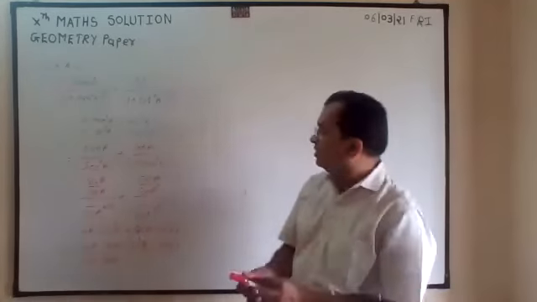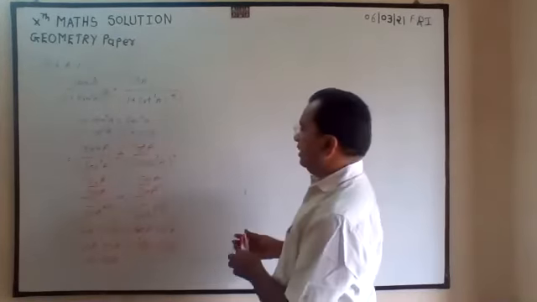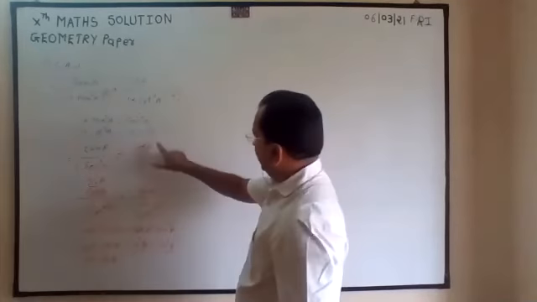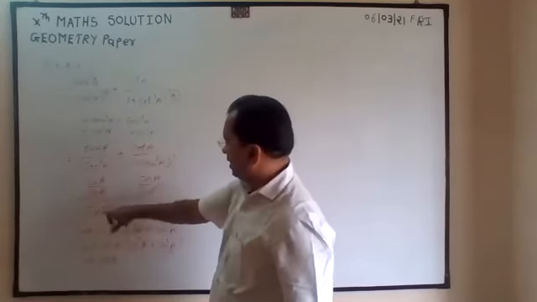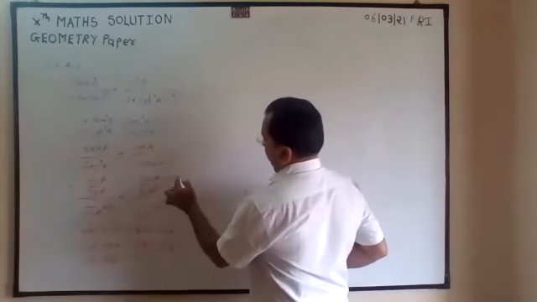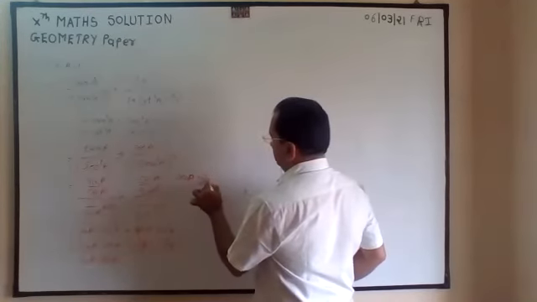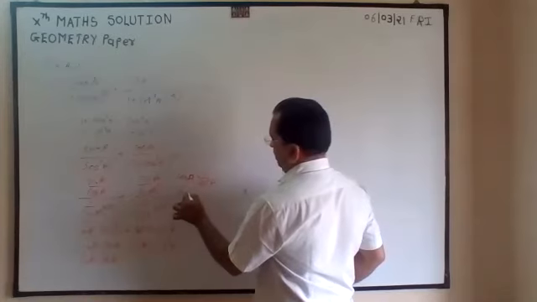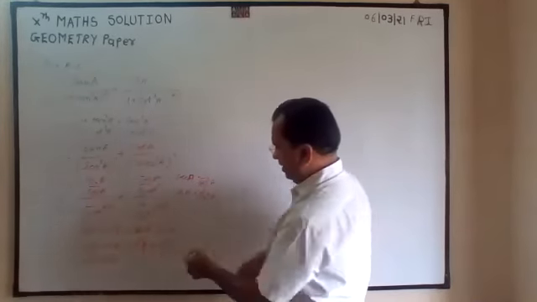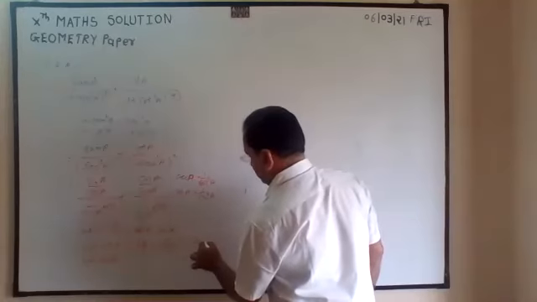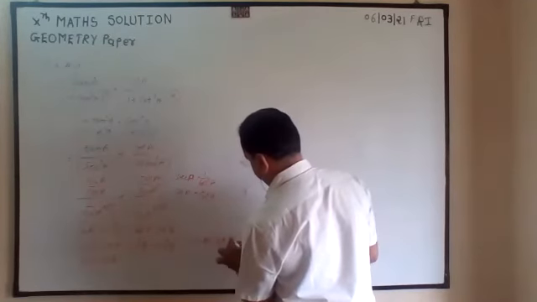Here is the reason I have written. Correct. Now 1 plus tan square is sec square, 1 plus cot square is cosec square. Here sec square a is equal to 1 by cos square, and cosec square a is equal to 1 by sin square. Then here I have taken sin a cos a common.